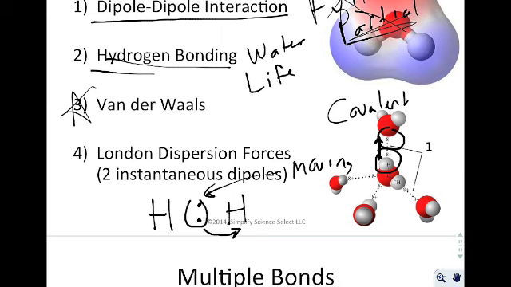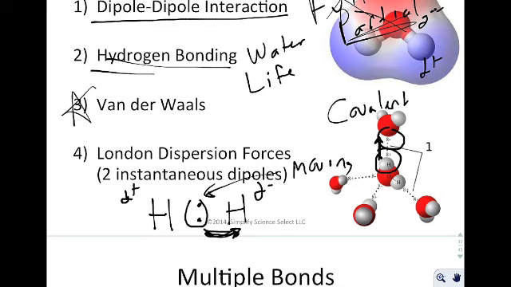It's not a permanent thing. That's the difference. Whenever we have it with water, it's a permanent partial positive and a permanent partial negative. Okay, with this one, it's just a temporary movement of the electrons, which would cause a very, very slight partial positive and a very, very slight partial negative. Now, in a brief instant, this is going to go back to the middle, and it could go back even to the other side.